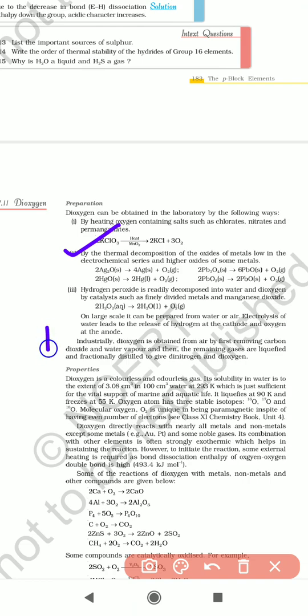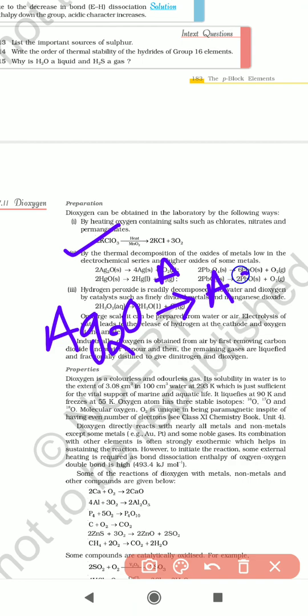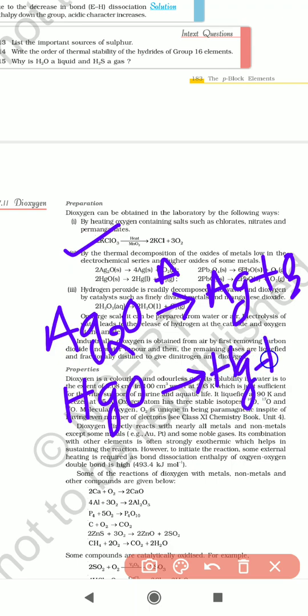For example, silver oxide Ag2O, on heating, dissociates into Ag plus O2. Same like mercuric oxide HgO decomposes to form Hg plus oxygen gas.